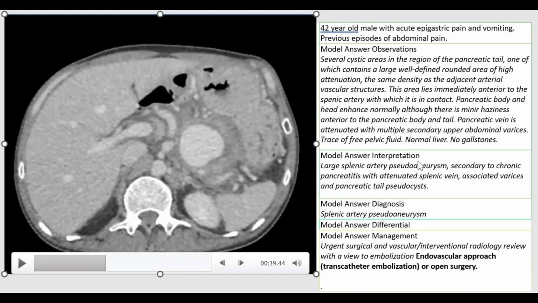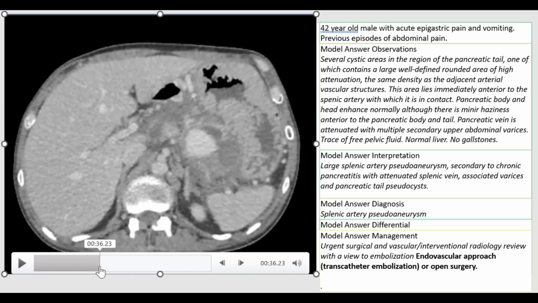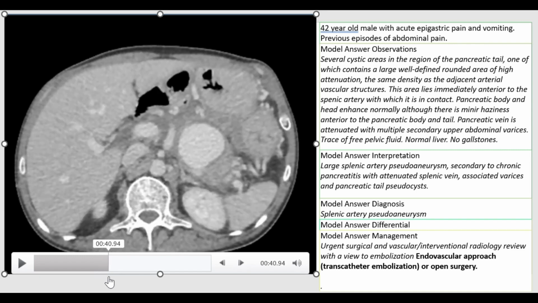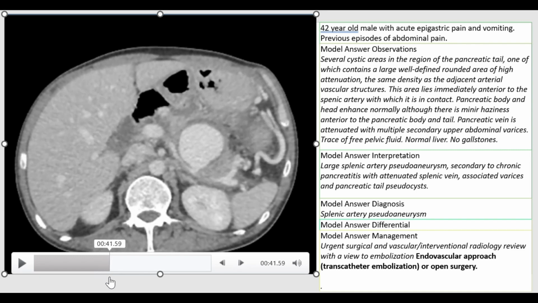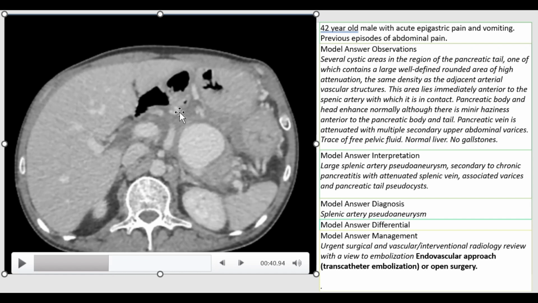The interpretation: this patient has diffuse enlargement of the pancreatic body and tail with indistinct margins. You can't see the pancreatic margins clearly from the adjacent structures, or from the surrounding fat, due to the adjacent fat stranding.